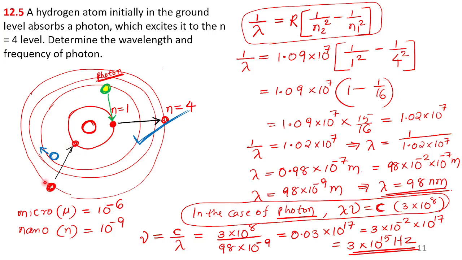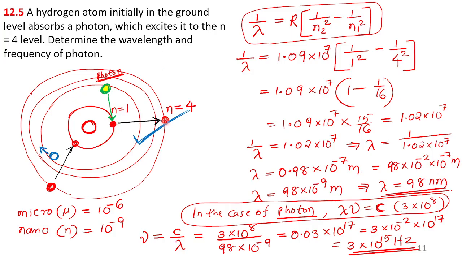Remember, higher to lower jumping, photon emitted. The reverse process is the electron can move from lower to higher when it absorbs energy from a photon. So if this photon is absorbed by the electron, it gains energy and can jump to a higher energy state.